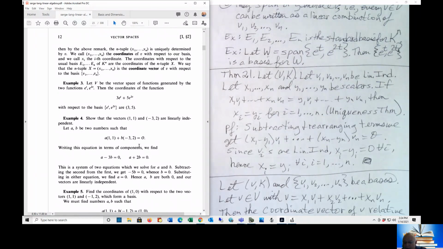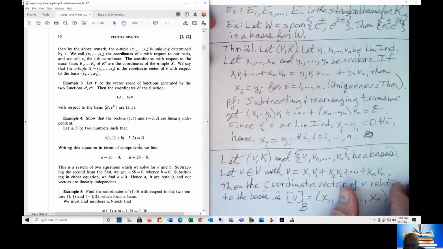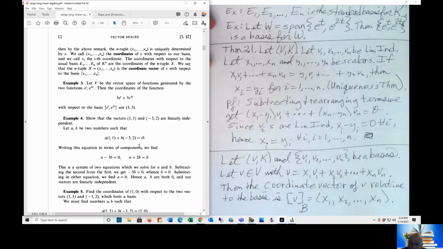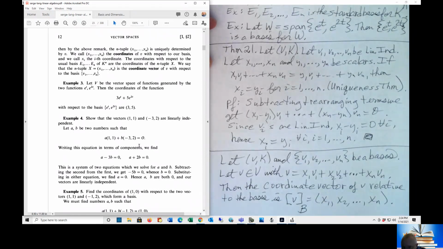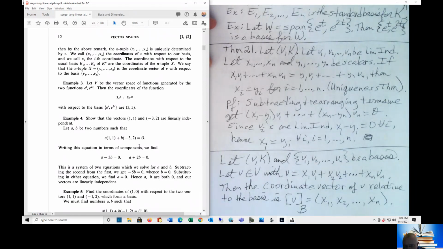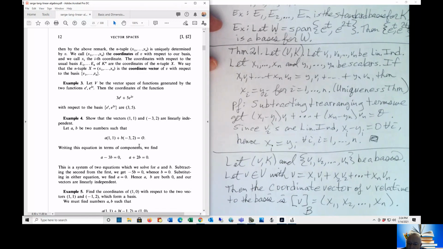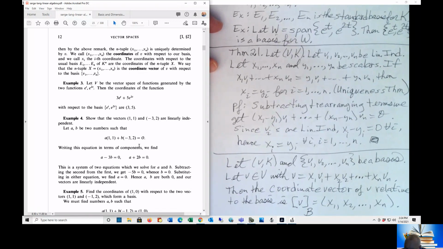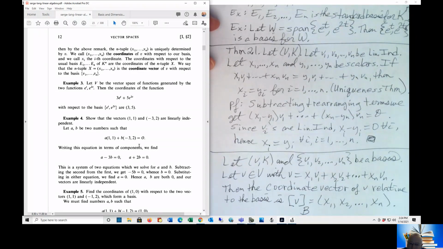Now, let V be a vector space over scalar field K, and let v1, v2, through vn be a basis for V. And normally I should have written that the letter B equals that set of vectors. Let v be any arbitrary vector in the vector space V, represented by the linear combination x1 v1 plus x2 v2 plus dot dot dot plus xn vn.